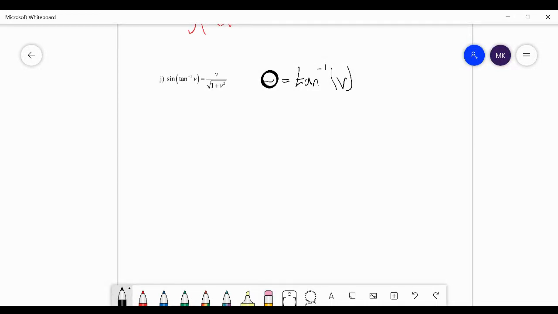So that means that tangent of theta is the tangent of the inverse tangent of v, which means that tangent of theta is v.